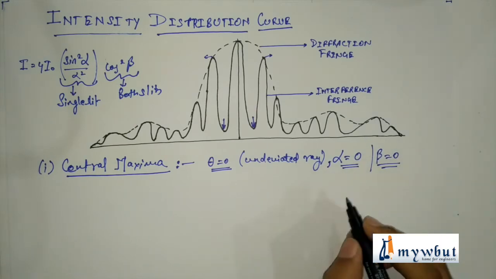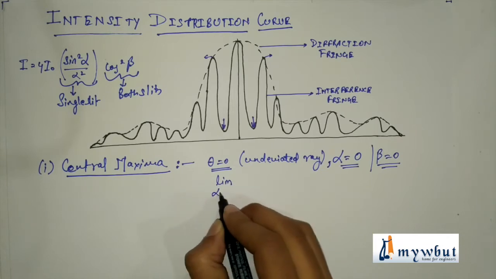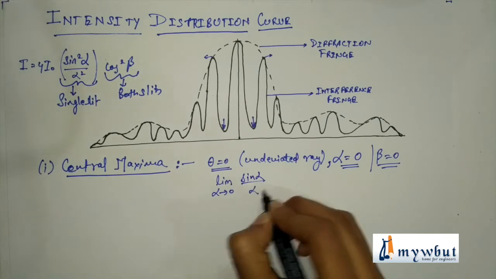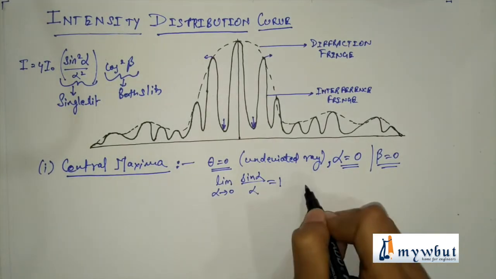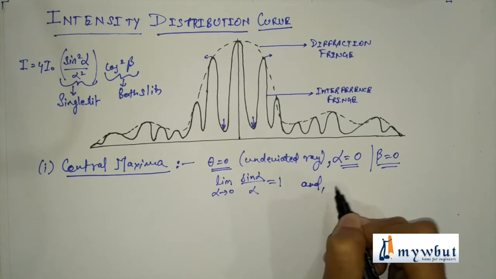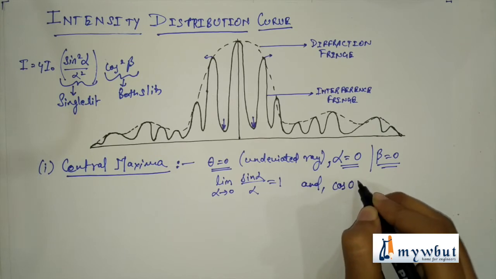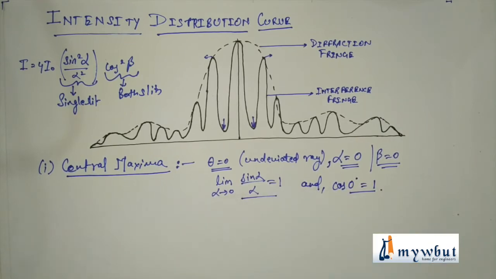Why beta equal to 0 and alpha equal to 0? Since in the limit alpha tends to 0, sine alpha by alpha will be equal to 1, and since beta equal to 0, cos 0 will be equal to 1. We know this from the values of trigonometry.